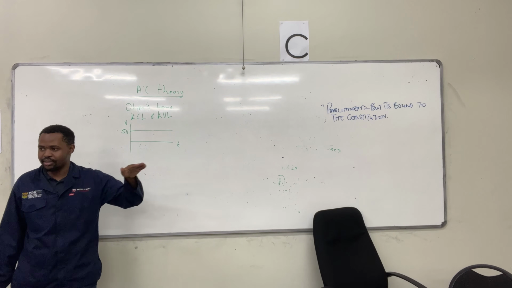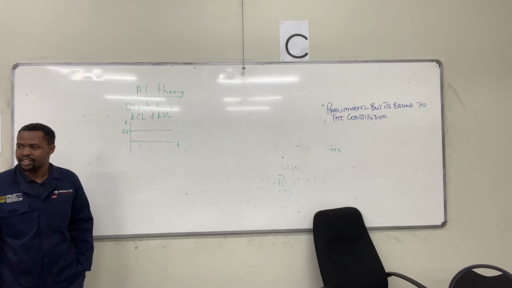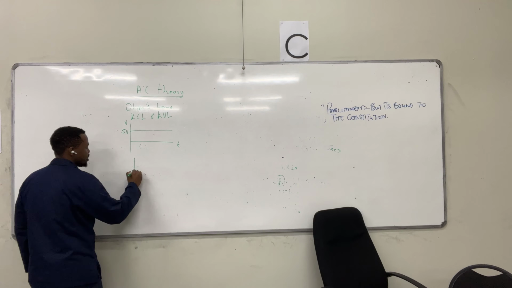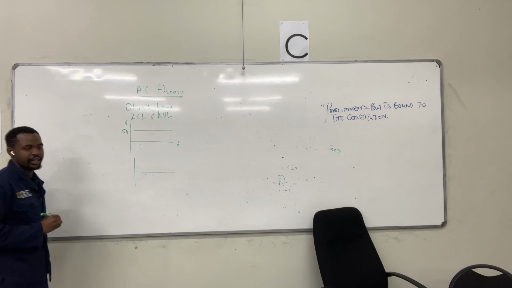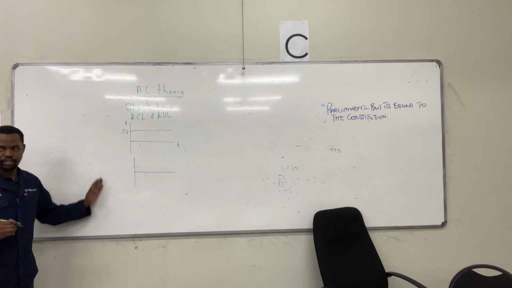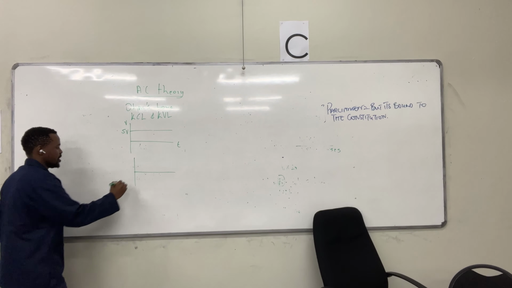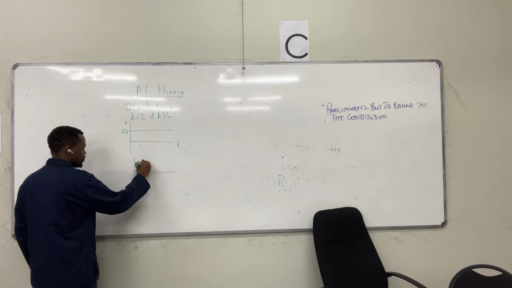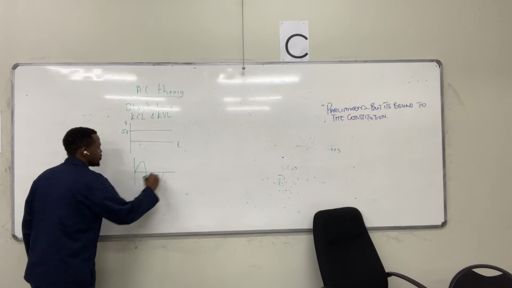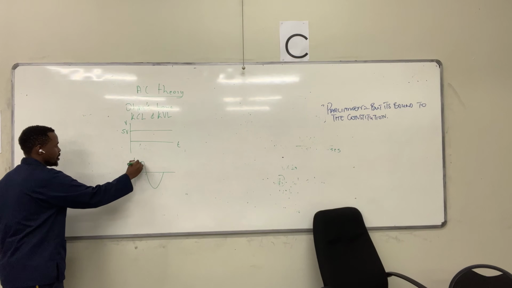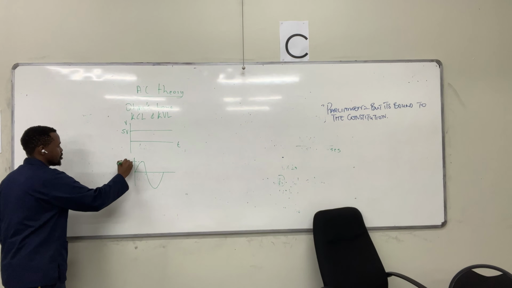The load is receiving a constant voltage. But let's say now we have AC, a pure sinusoidal voltage. Let's say the peak is 5 volts.